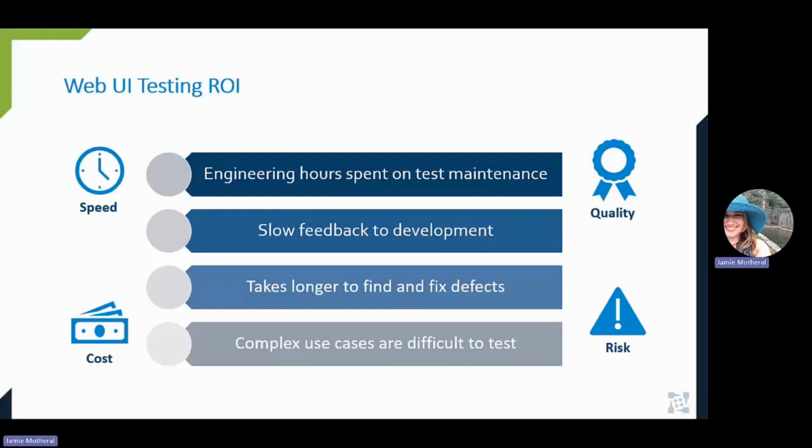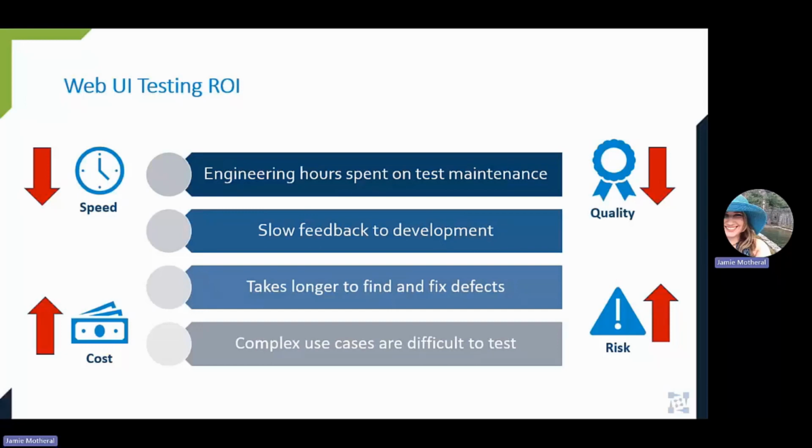All of this leads to a slowdown in your speed, an increase in your program costs, reductions in quality, and increases in your risks, with possible defects making it to production, as your team struggles to create and maintain test cases for those complex scenarios.